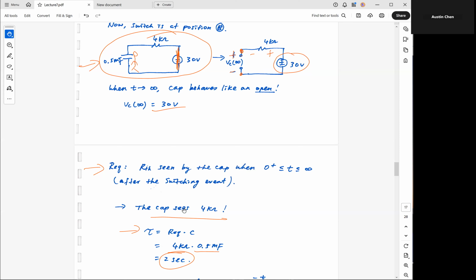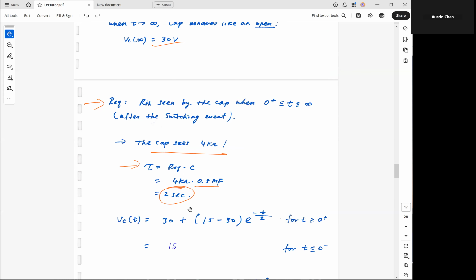And then the very last step is to go back to our template and fill it out one by one. So we have this final value, VC at infinity, and then this is VC at 0 plus, not minus, but 0 plus, and then this guy here is again VC at infinity, and then the exponential function minus t over tau.